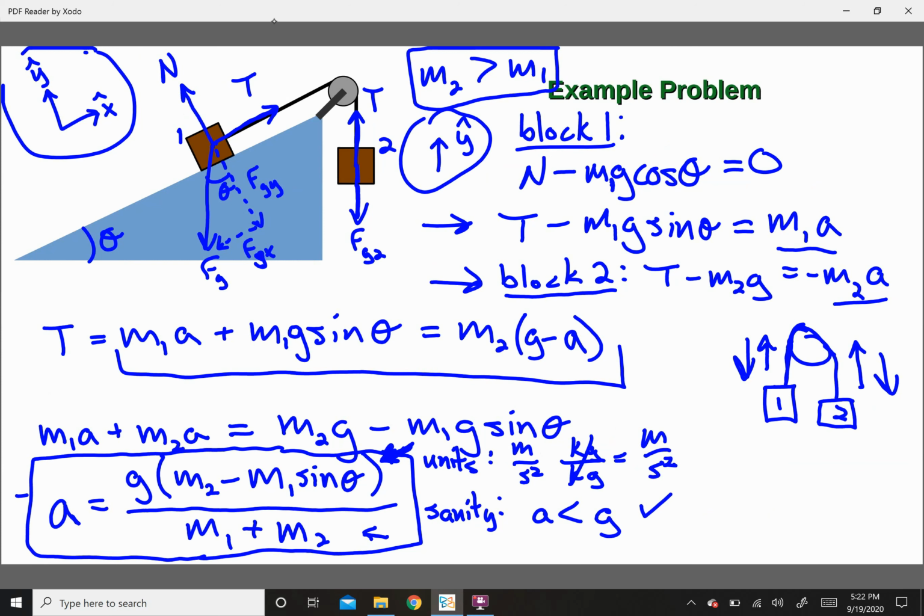So this is a magnitude of a, and the direction of a is going to depend on which block we're talking about. And again, this is not an equation that you can use without proof in the future, okay? If you get a problem that looks just like this, a block over a pulley and another block, you cannot use this equation without deriving it. So you would have to solve the problem like I just did to get this same answer.